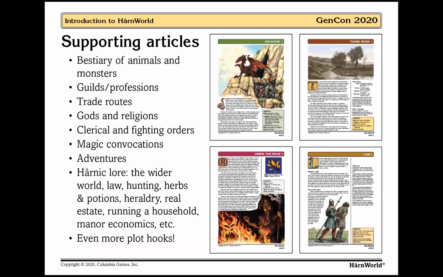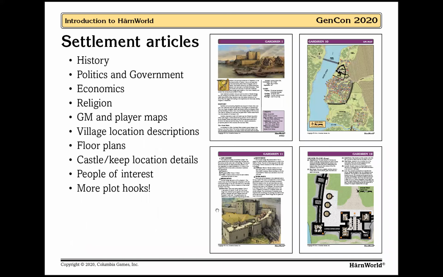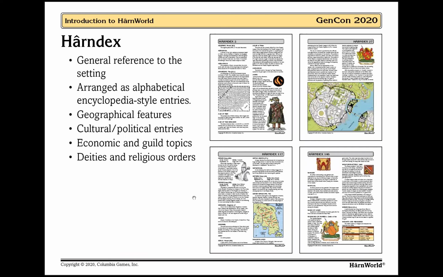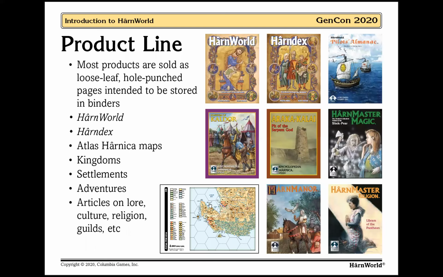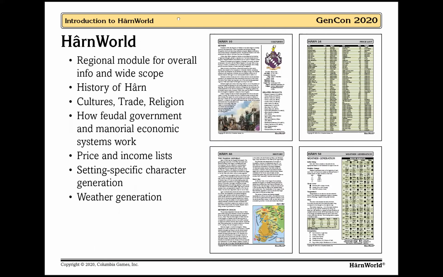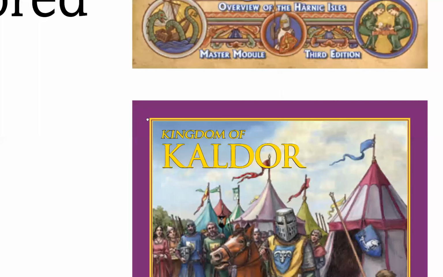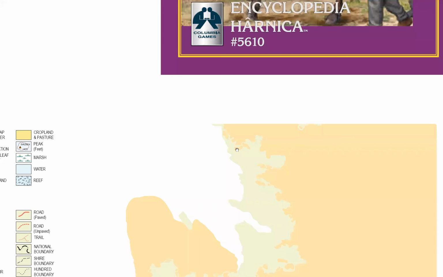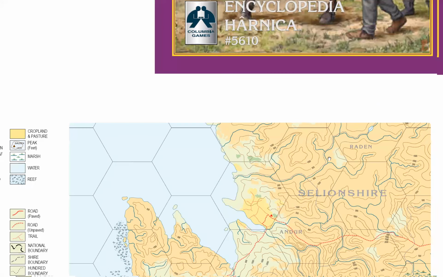Sorry about that. This right here is that map of D9. And it shows a whole lot of detail about that one little square on the region map.